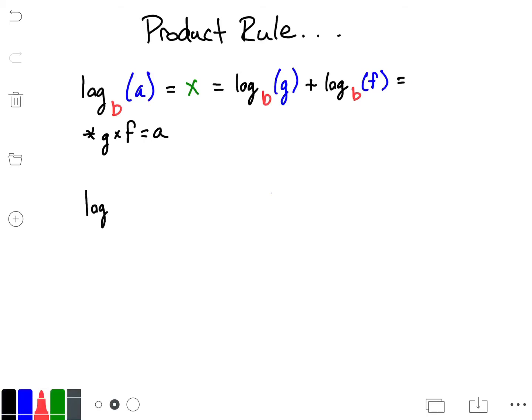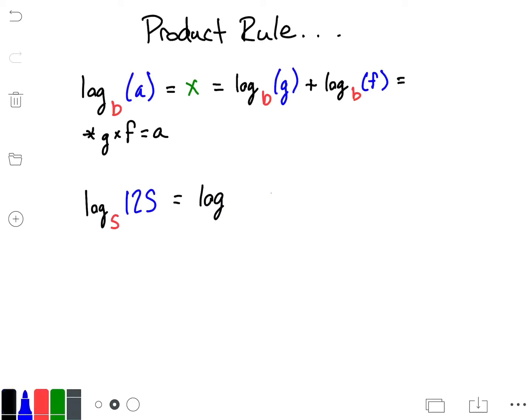Let's say that we have log base 5 of 125. I can't necessarily figure out what power we need to raise 5 to get 125. What we can do then is change this to two numbers that multiply to equal 125.